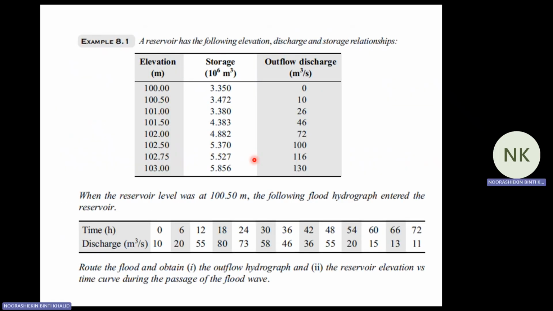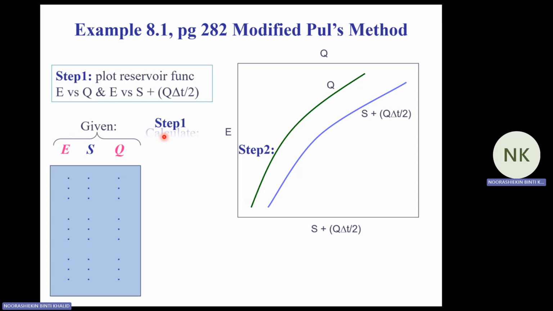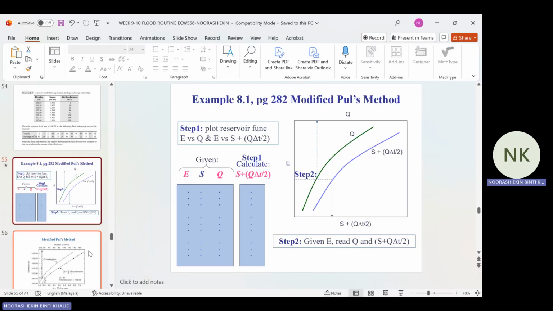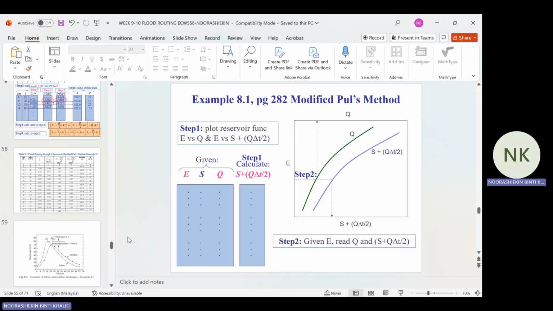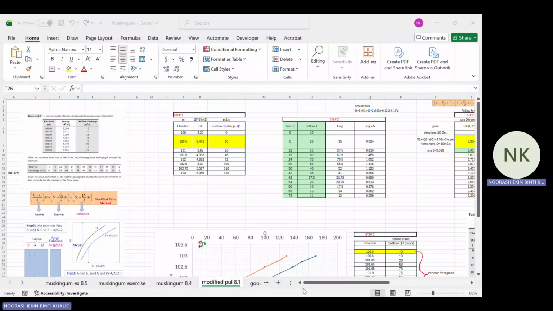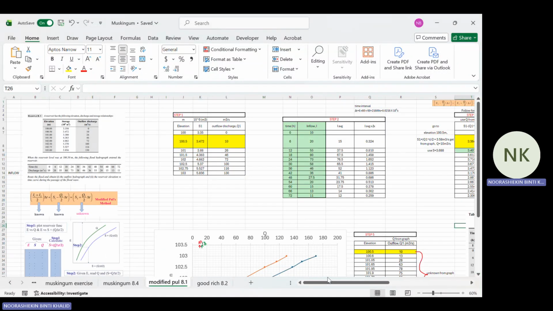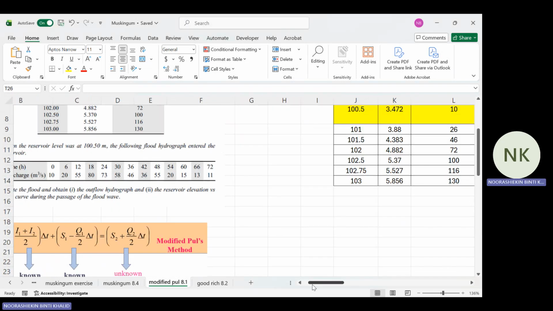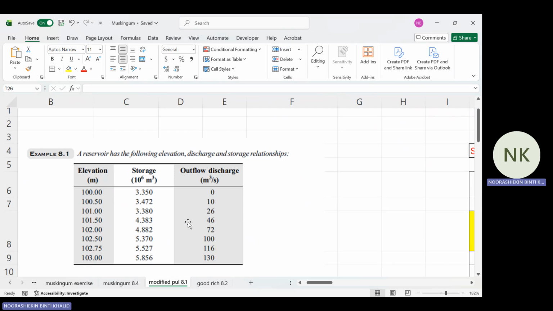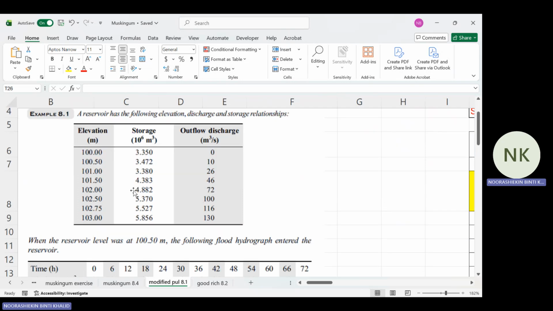So we try example 8.1 and example 8.2, if I'm not mistaken. Example 8.1 is modified pool, and Goodrich is example 8.2. So we go to modified pool first. This is the question for 8.1.